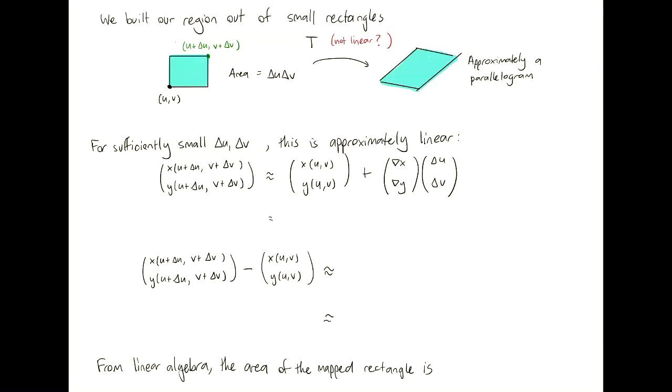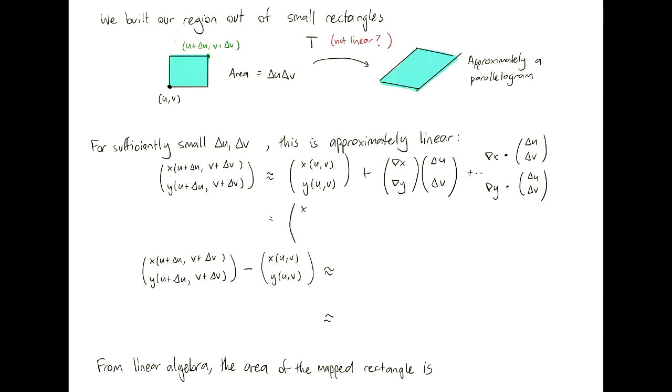Okay, but remember, these are vectors themselves. So what I'm really saying here is this is grad x dotted with (delta u, delta v), and this is grad y dotted with (delta u, delta v). Okay, so this is an approximation. There's a plus dot dot dot. Making this rigorous means pulling in Taylor's theorem and bounding the error, and that's the bit that we're not going to do here, but it's a good exercise if you ever wanted to.